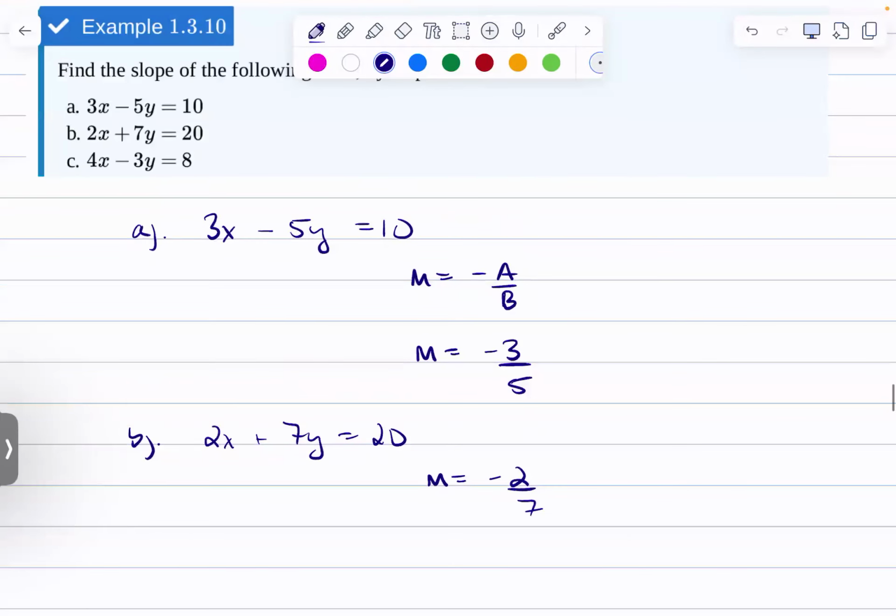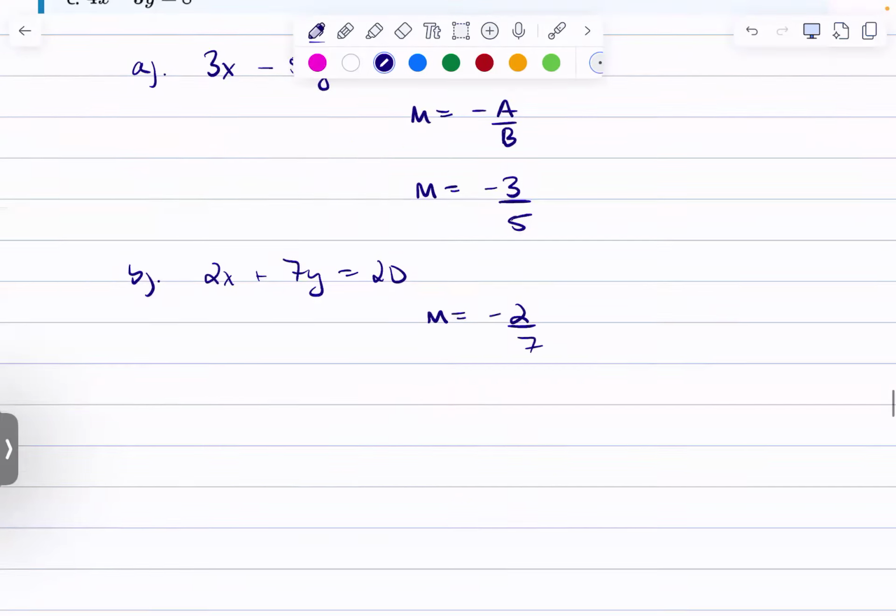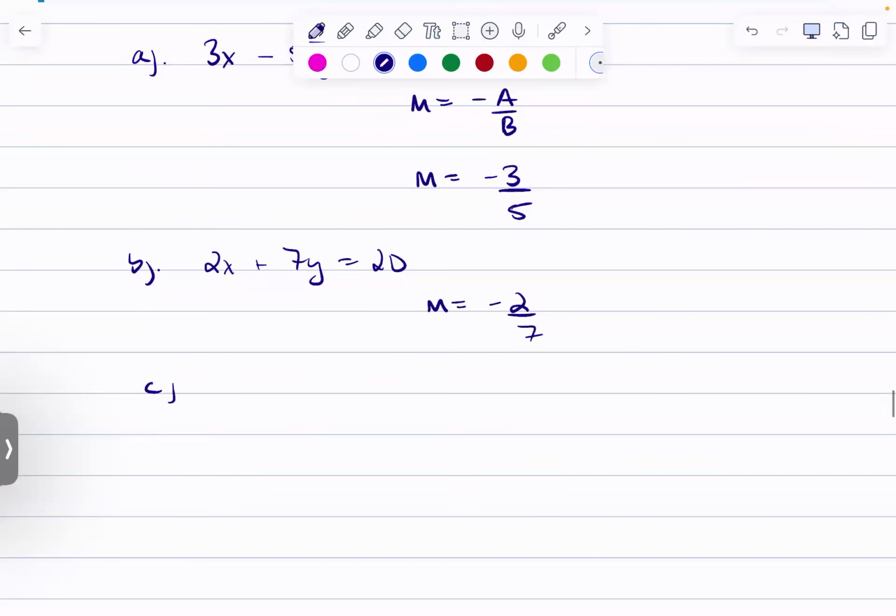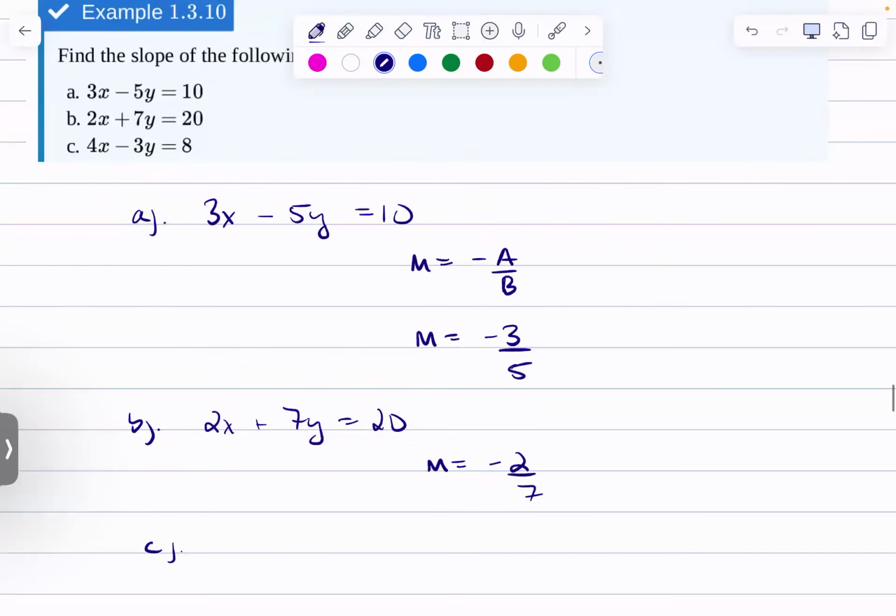Hey, they don't have any weird ones. I thought they would do a -3y plus 4x is equal to 8. Keep you on your toes. They didn't. Oh well. I'm going to do -3y plus 4x is equal to 8 instead.